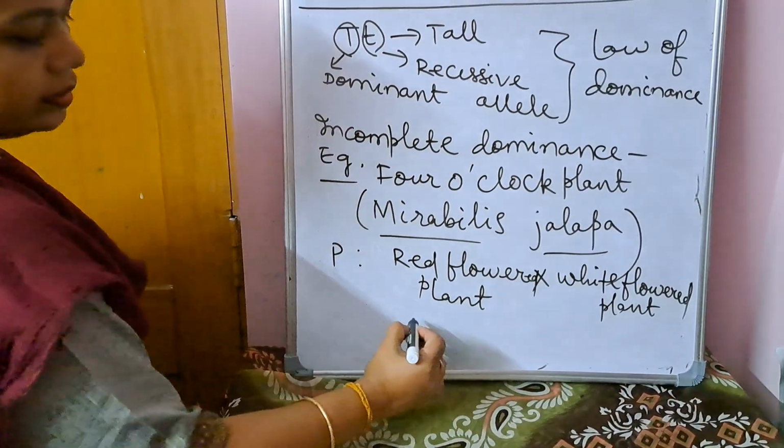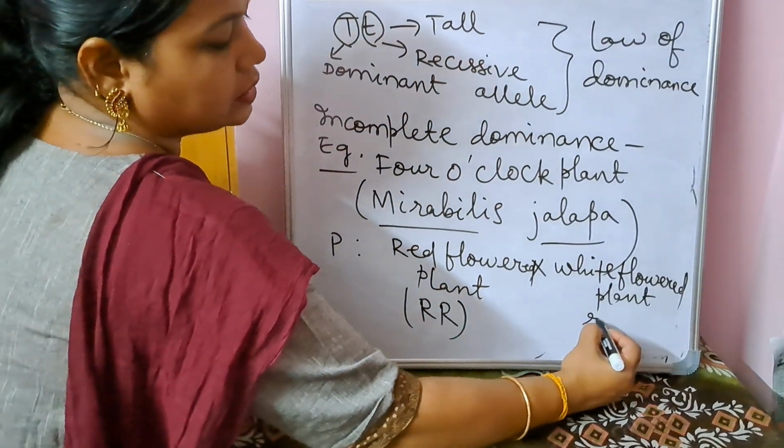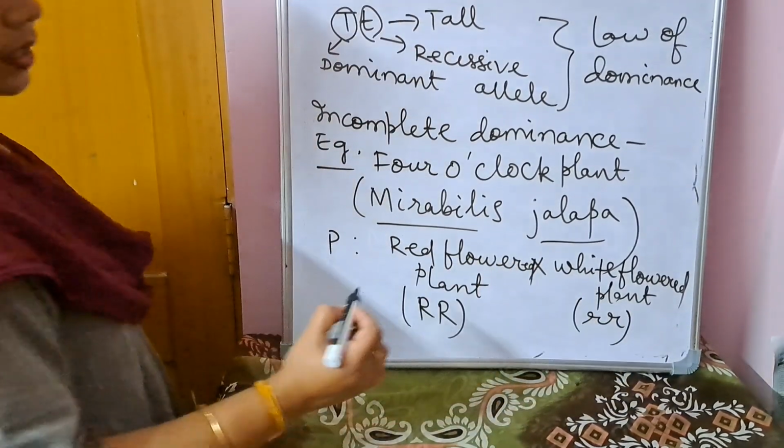Here the genotype will be capital R capital R, and here the genotype will be small r small r.